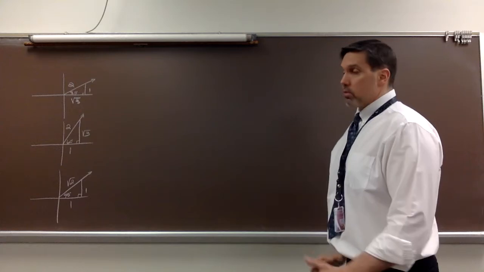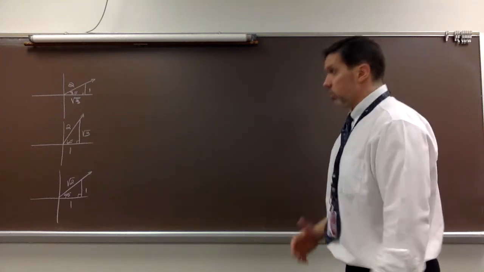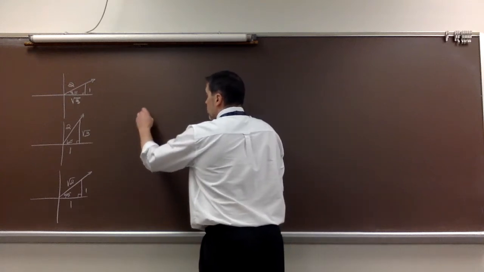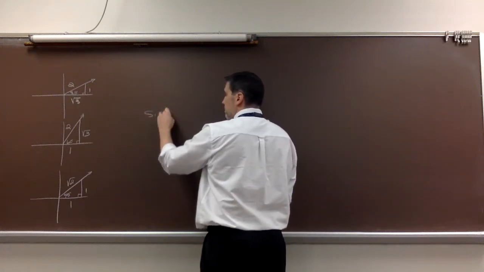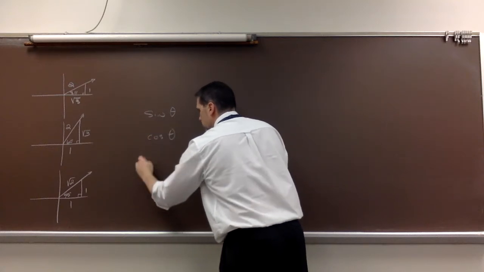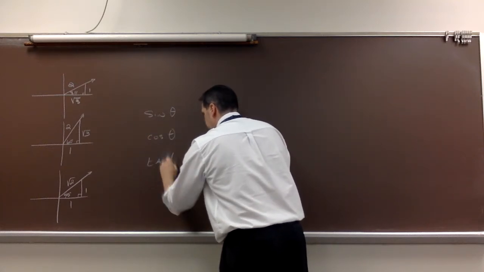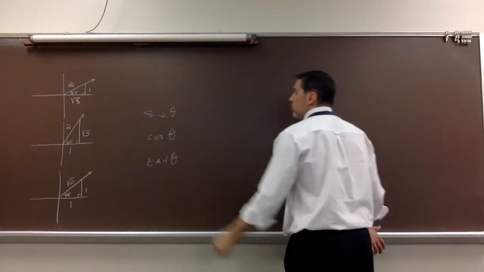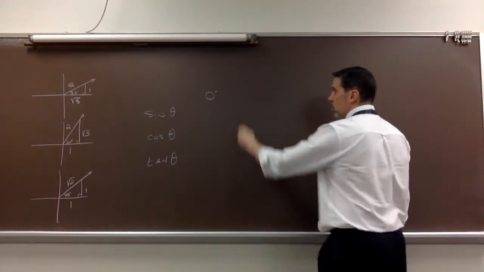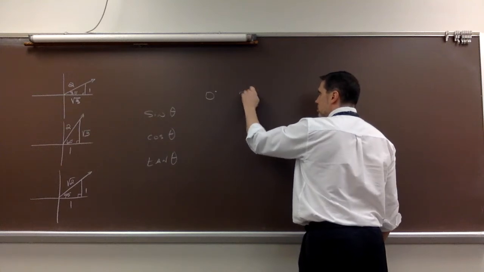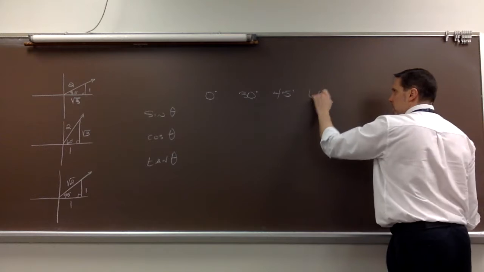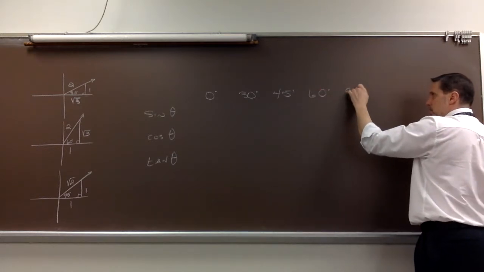So one way to memorize these, or start to learn to memorize these, is with a simple chart. So what we'll say is, okay, we have sine theta, cosine theta underneath it, tangent theta. Right, and then we'll put the angles that we're going to care about here, at least to start off with. We'll say 0, and the next largest 30, 45, 60, and quadrantal at 90.